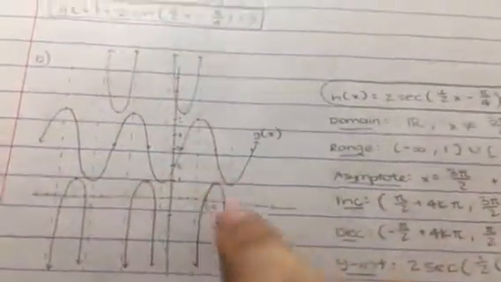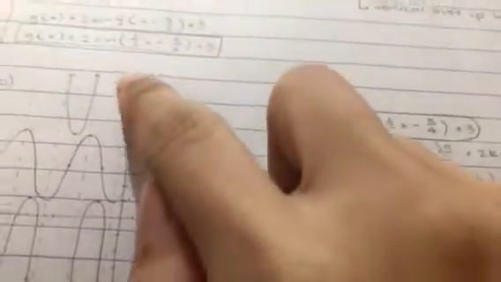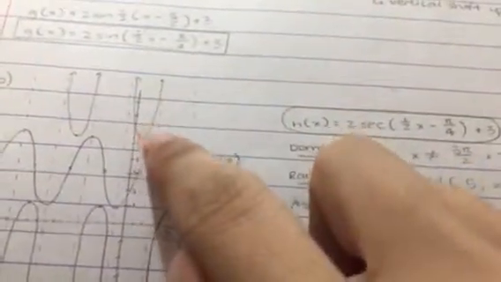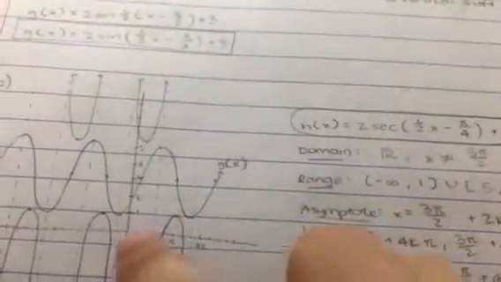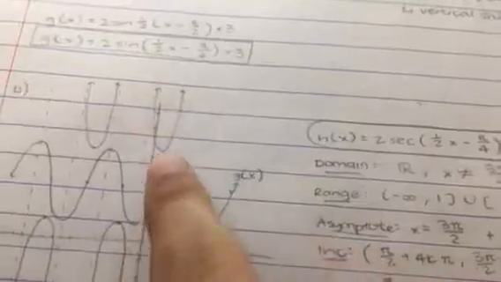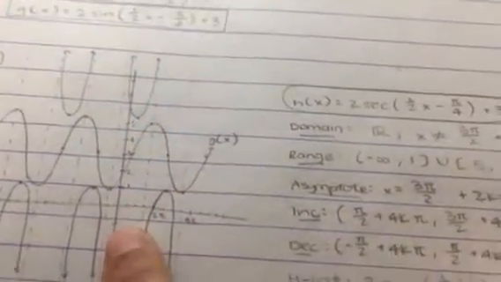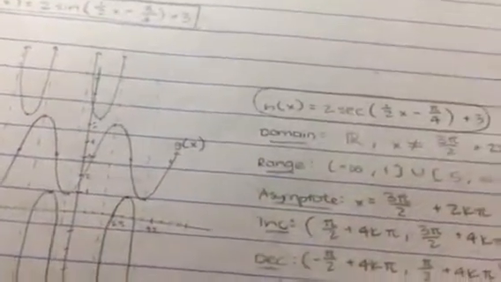And then it's decreasing in these intervals here, and also it's decreasing here and here, and infinite times. That decreasing interval goes from this asymptote, which is negative pi over 2, to here, which is pi over 2.